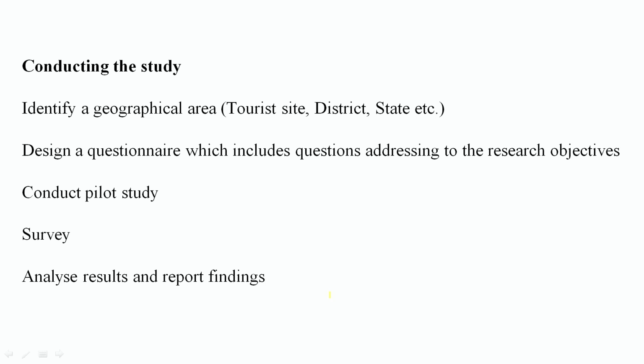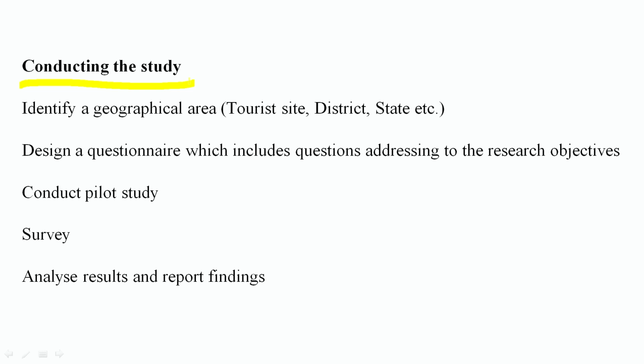So, the process includes conducting the study, and I am specifying here tourism and hospitality research. When we talk about a geographical area, we have tourist sites, and that could be spread in a district or two or three districts, or it could be a state or two or three states, or even pan India.